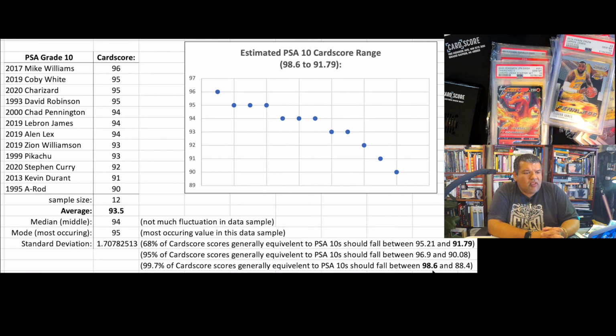In any case, really interesting results in this sample size of 12, indicating that if you're seeing Cardscore scores of 91, 92, and up, that's probably roughly the equivalent of a PSA 10, at least according to the data here.